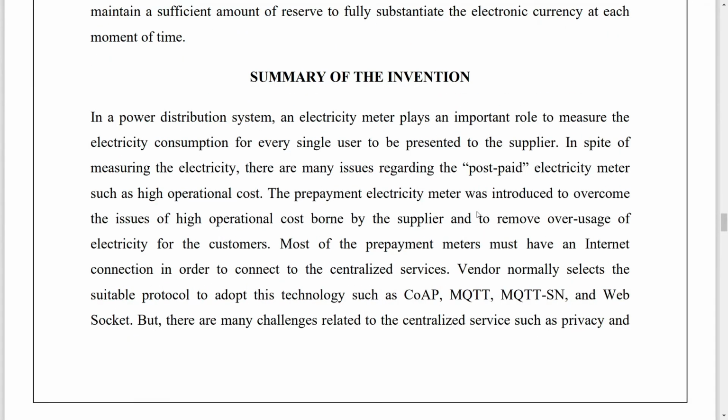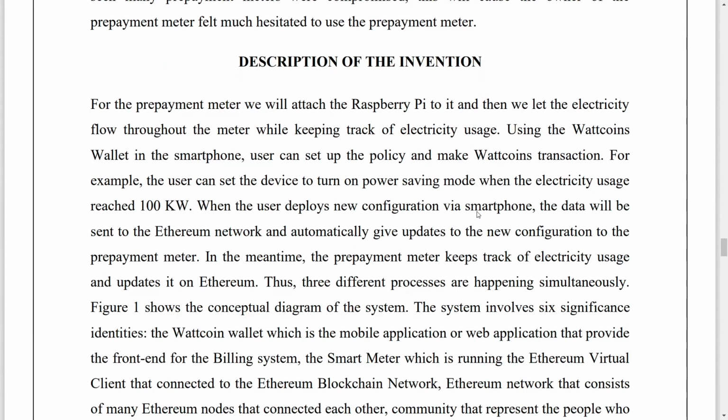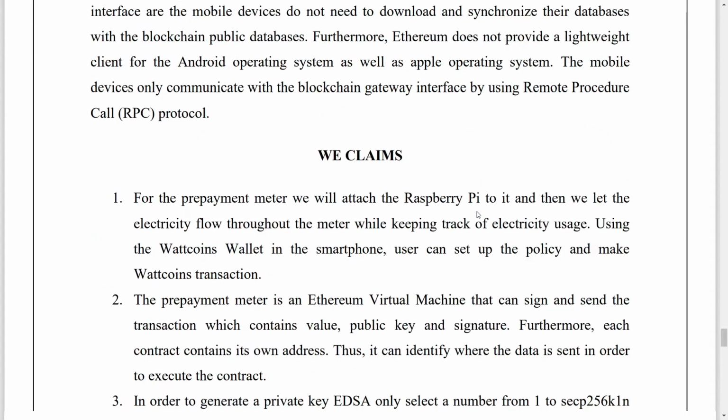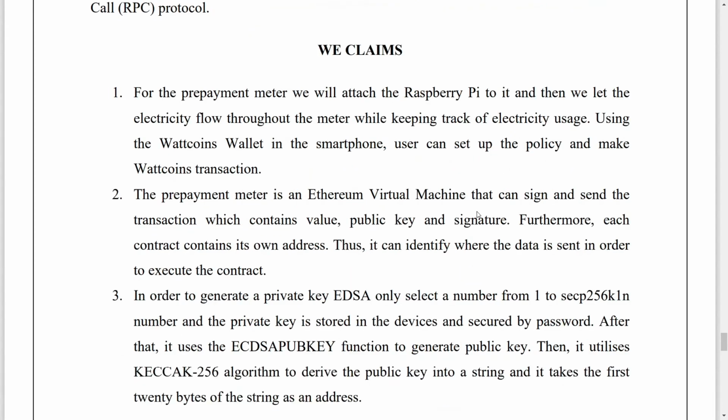Now comes the summary part of the invention, in which a small summary is provided to the patent office to look at the invention. And then the most important part of the invention is the claims part.